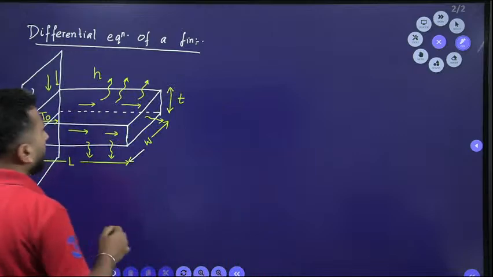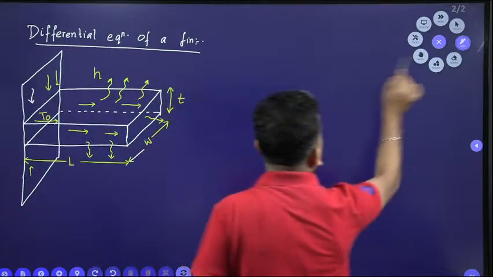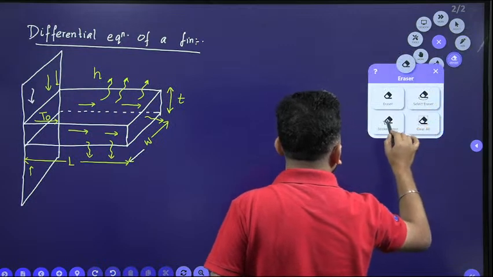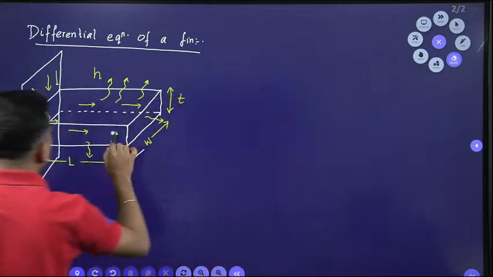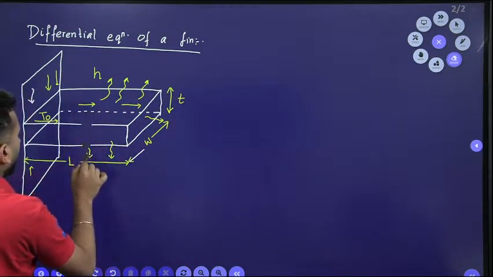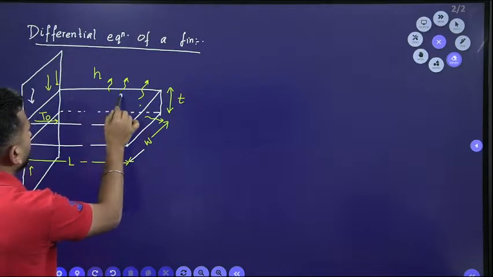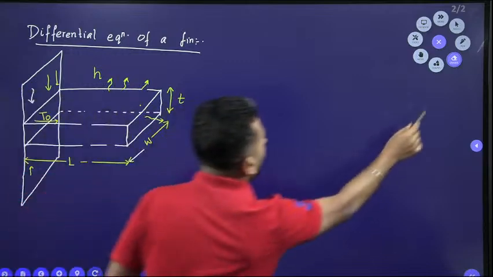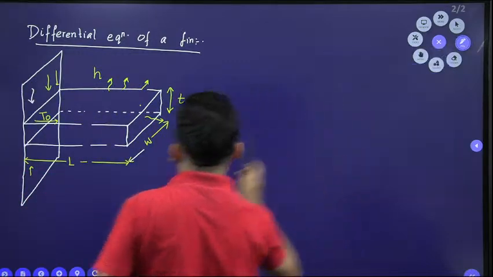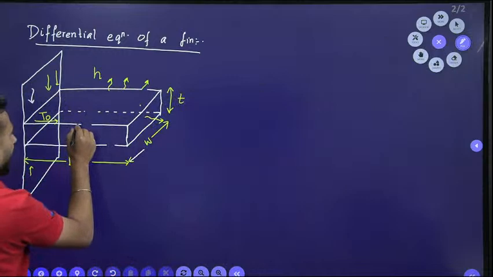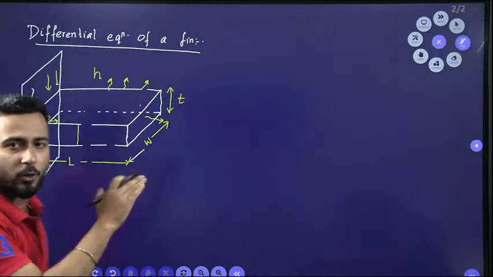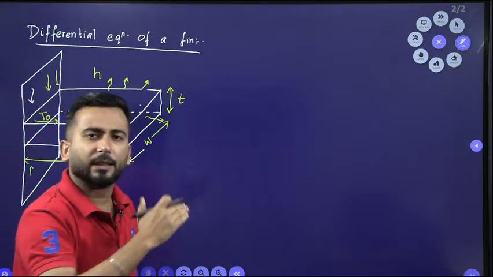So what I will do, let me erase some of this. Let's say we see when something changes across the length. For example, temperature is changing across the length.